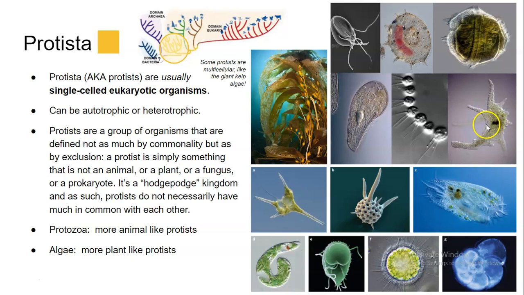A protist is simply something that's not an animal or a plant or a fungus or a bacteria. So it's a hodgepodge kingdom, and therefore a lot of protists don't necessarily have a whole lot in common with each other, or are that genetically similar. We can divide protists into two types, those that are animal-like, which we call protozoa, and those that are plant-like, which we call algae.